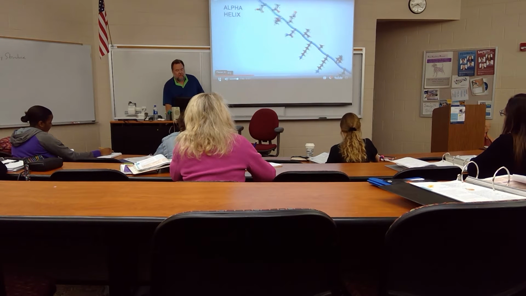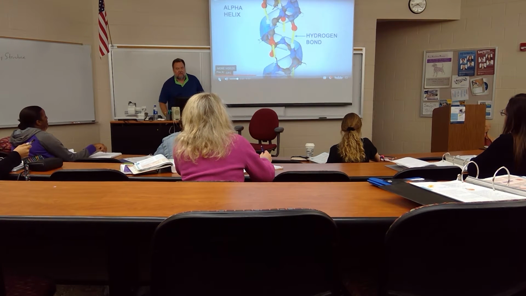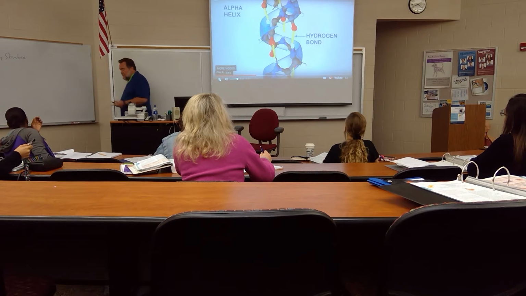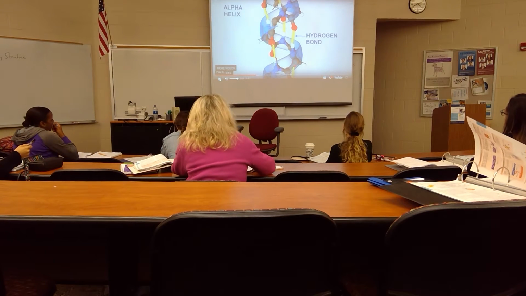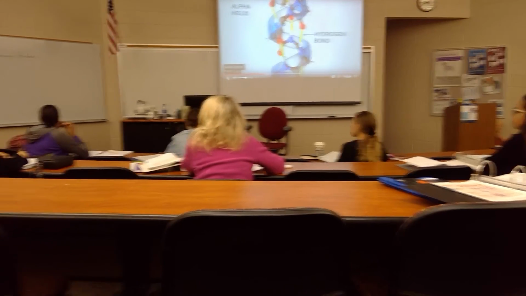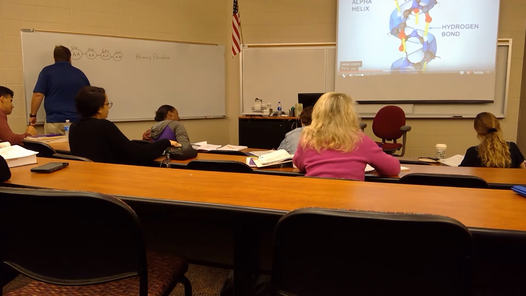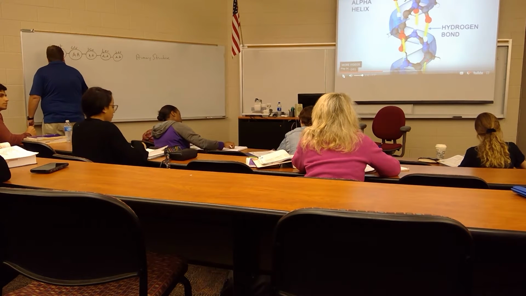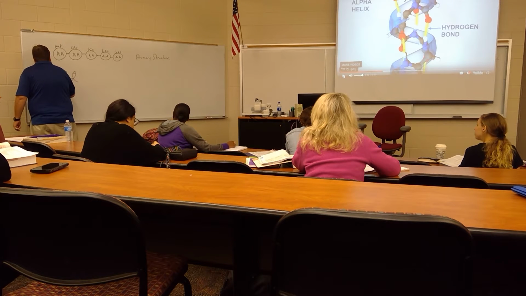An alpha helix is a right-handed coil stabilized by hydrogen bonds between the amine and carboxyl groups of nearby amino acids. See, it looks kind of like a spring. You get these lined up like this. You'll have amino acid, amino acid, amino acid, amino acid, amino acid, boom, boom.